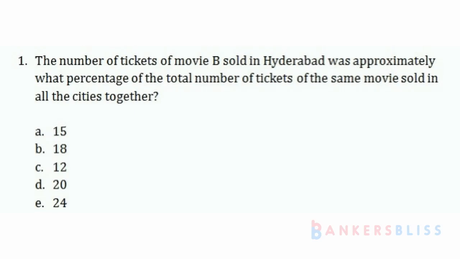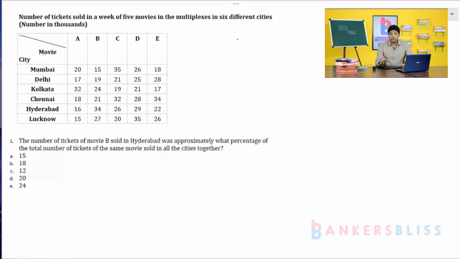The number of tickets of movie B sold in Hyderabad was approximately what percent of the number of tickets of the same movie sold in all the cities together. So you have to calculate the total of all the cities of which movie?